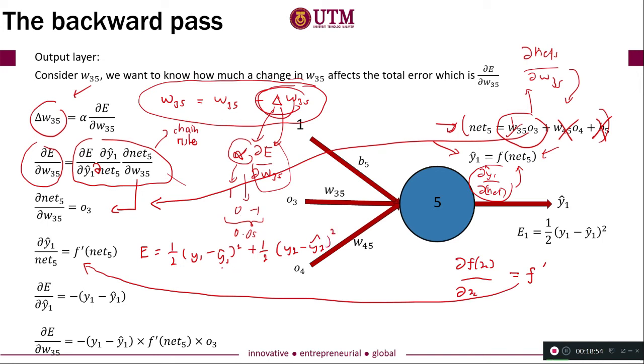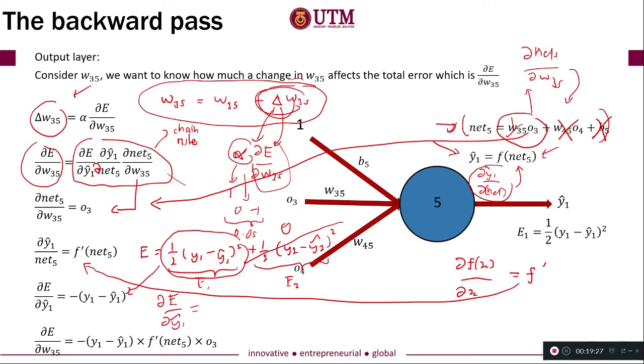So this is E1 and this is your E2. If you want to compute del E over del y1 hat, then everything in E2 is a constant, so it becomes 0, and you just need to take the derivative of this component only. If you compute this, what you get is this one.